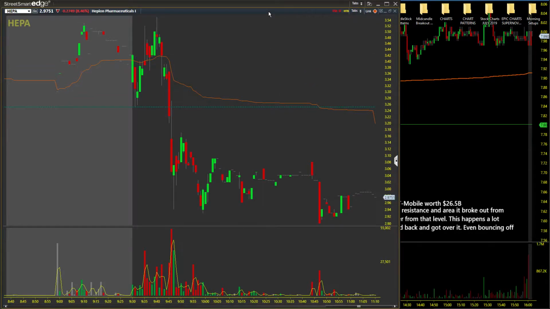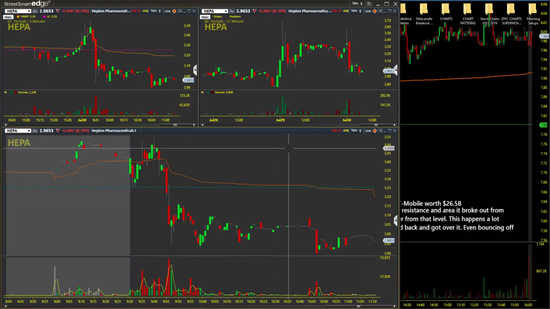Try to break it down and set your trading platform up to where you have multiple time frames staring you in the face, because there are all types of different groups of people out there that trade different time frames. You have traders that only trade 1-minute charts. There are traders out there that only trade 3-minute charts. There are traders out there that only trade 5-minute charts, and so on and so on.